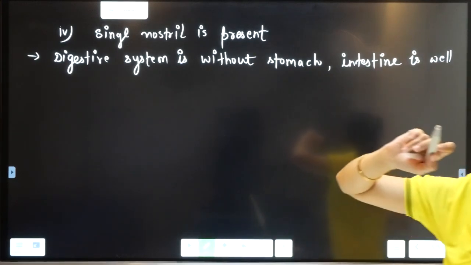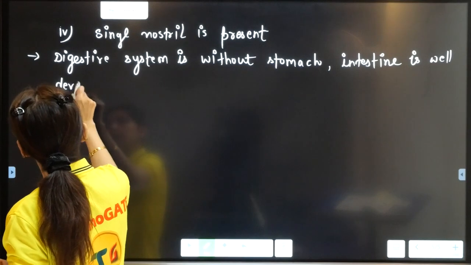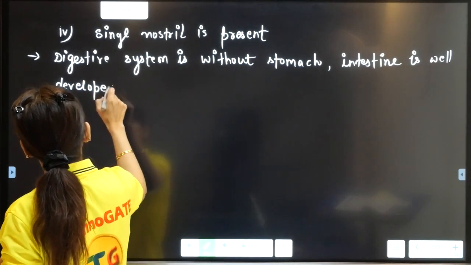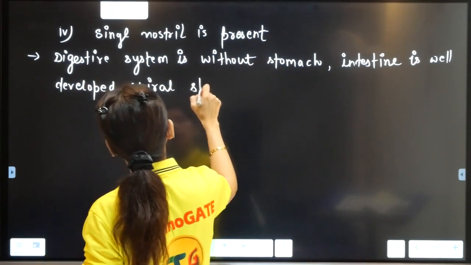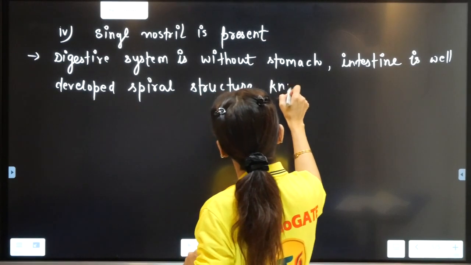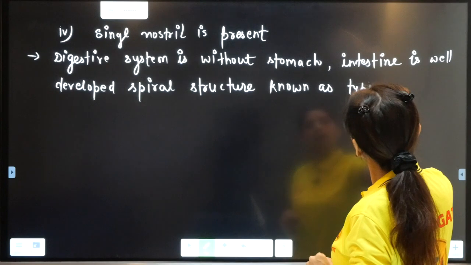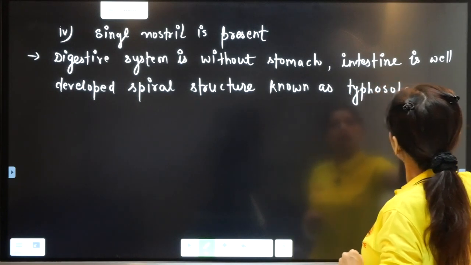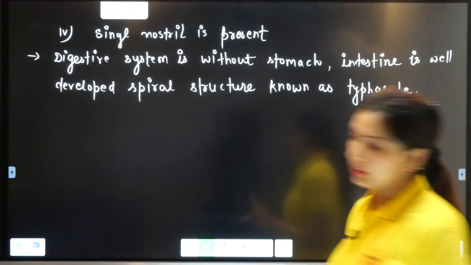And it's named also, some special name is given. Typhlosole is well developed. Spiral structure, known as typhlosole. Now write down the next point.